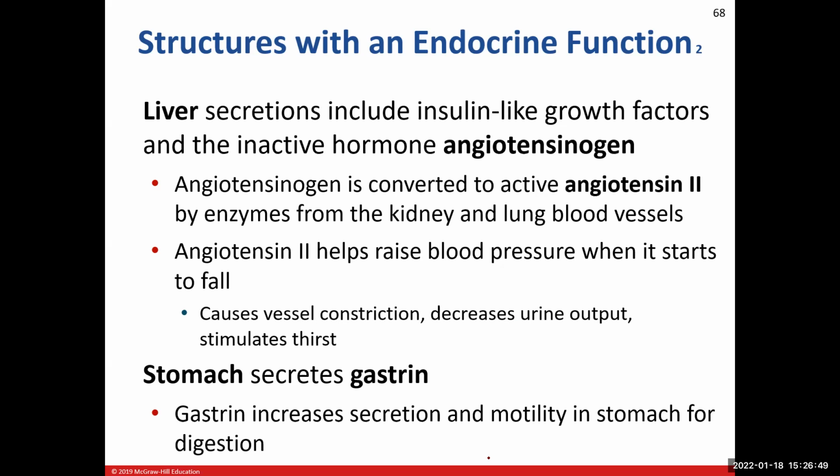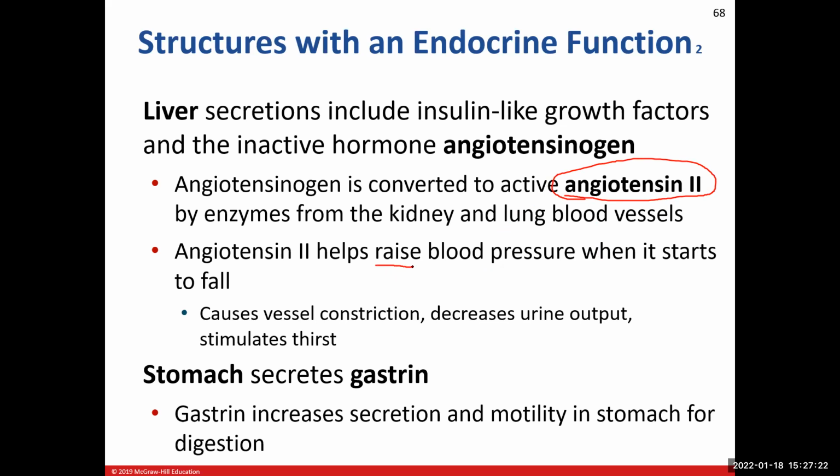It's first going to travel to the kidneys, and the angiotensinogen will then get converted into angiotensin 1, and from there, it goes to the lungs where it gets converted into angiotensin 2. That's the ultimate hormone that we want to have. And angiotensin 2 will increase blood pressure. For whatever reason.